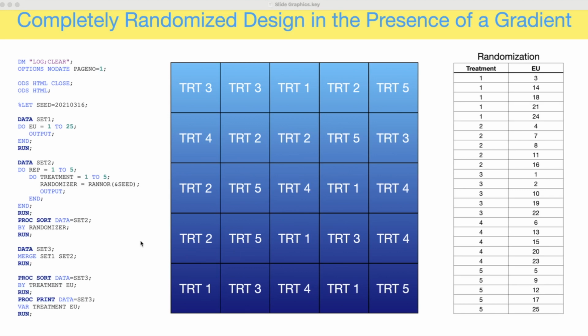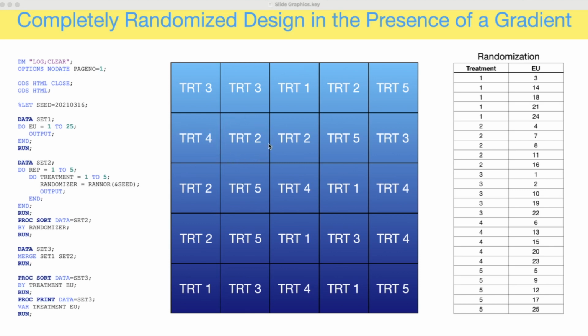For example, if we look at this experimental unit that I am circling here, which has received treatment 2, the impact we see on the response is going to be influenced not only by treatment 2, but also by the lighter shade of blue.